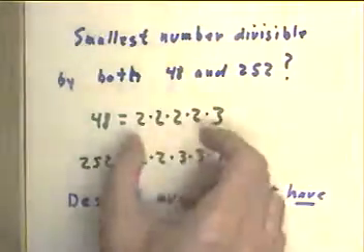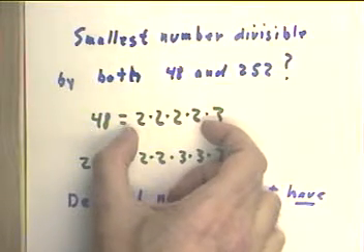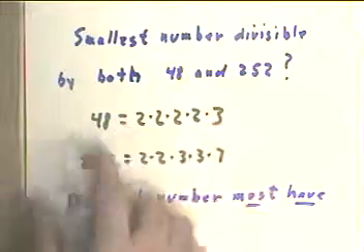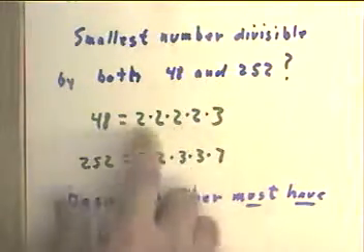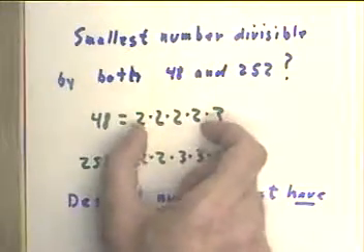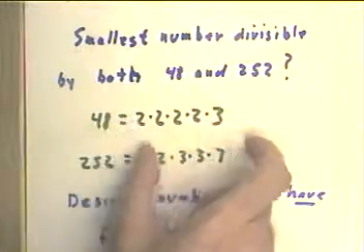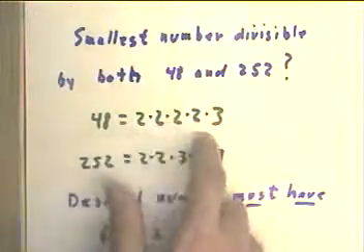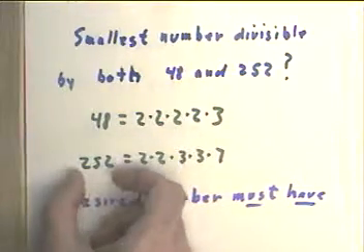Well, no, because 48 really requires 4 2's. 48 contains 4 2's as factors, so any least common multiple, or smallest number that's a multiple of both, is going to have to contain 4 2's as factors. Otherwise, if we try to divide it by 48, we'll have some 2's left over that won't divide out. And let's see.